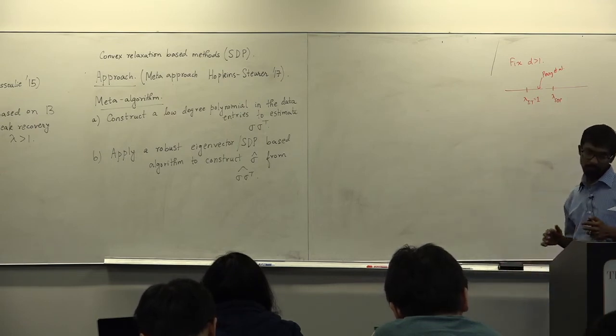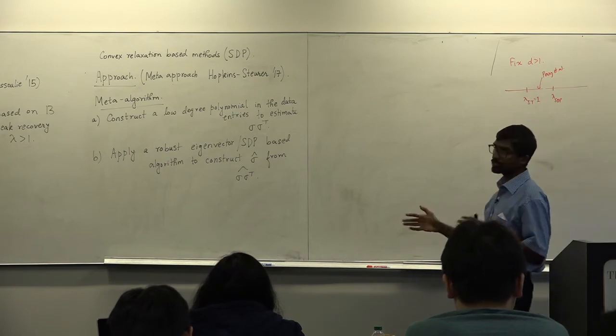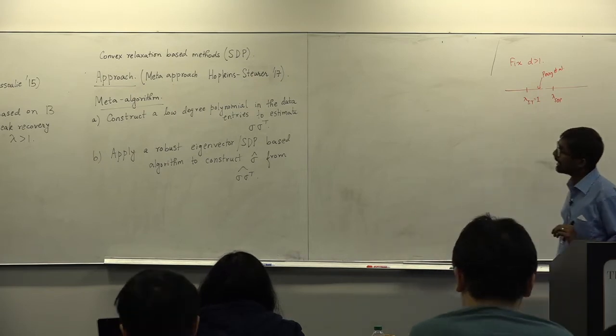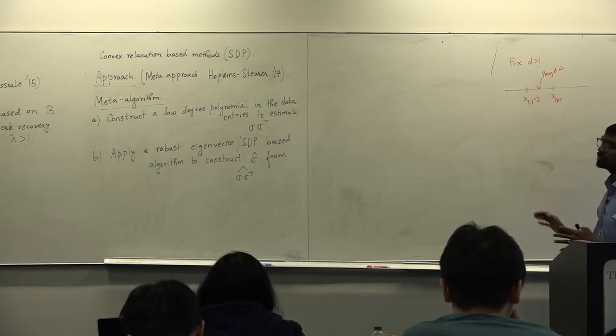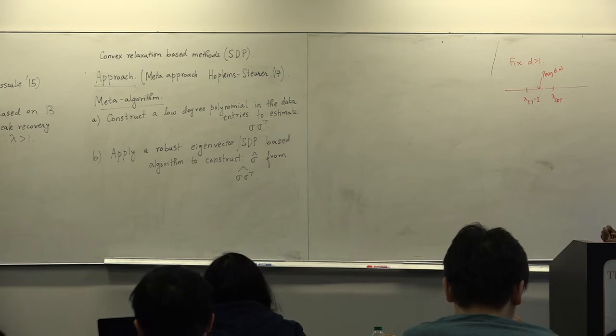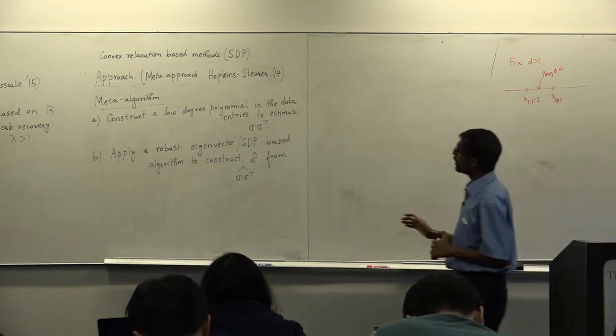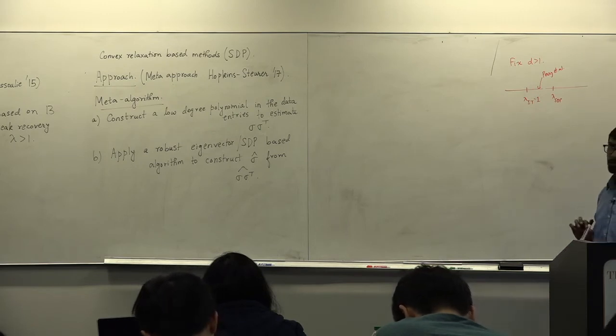In their paper, they already talk about applying this strategy in the context of community detection and a bunch of other problems. And in our work, we have found this strategy to be really useful, even in the context of this contextual block model that I introduced yesterday. Without this strategy, I don't quite know how else to go about the contextual case.